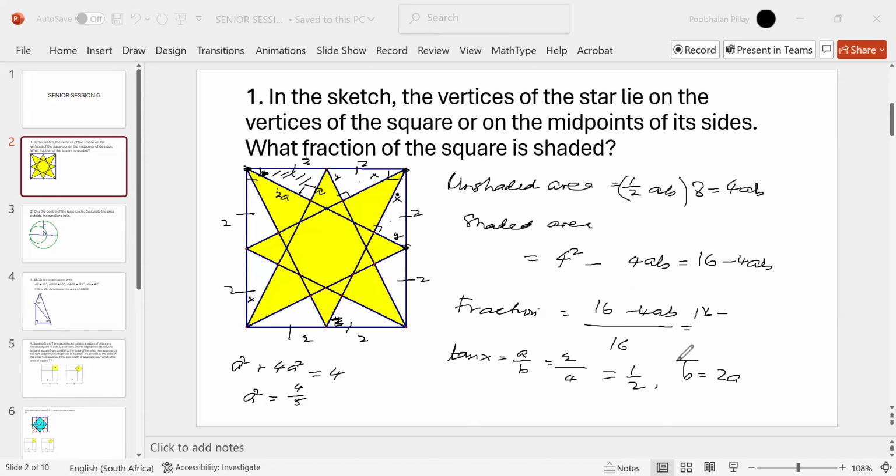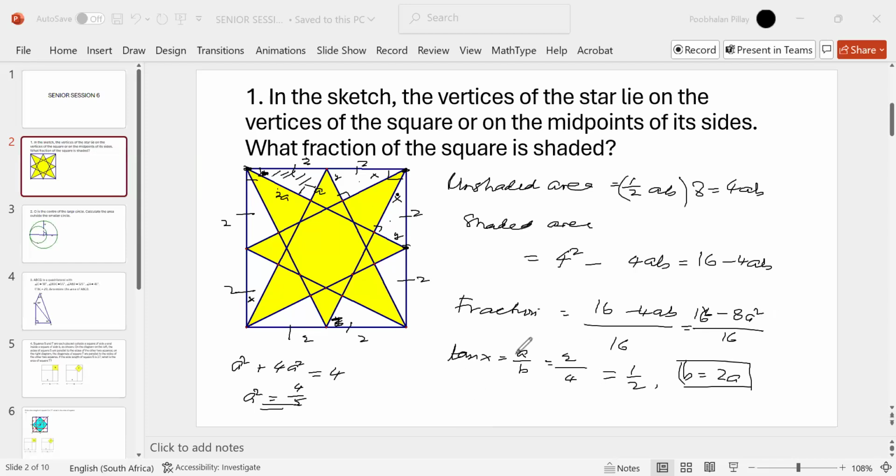There it is. So in place of B, I can put 2A. So I have minus 8A squared over 16. Because B is 2A, you see. And then we just got that A squared is equal to 4 over 5. Okay. So if you put A squared is 4 over 5, then you can get the answer to this problem.